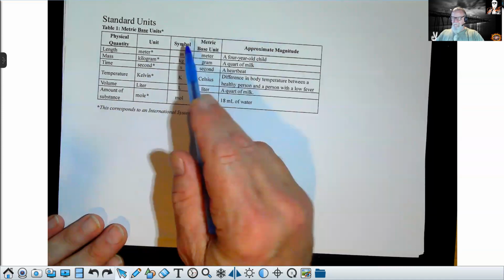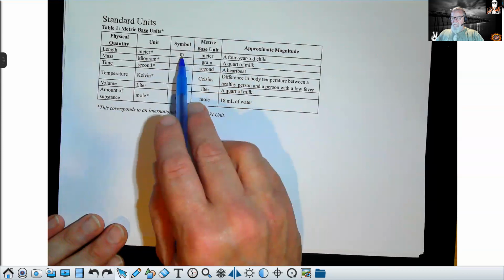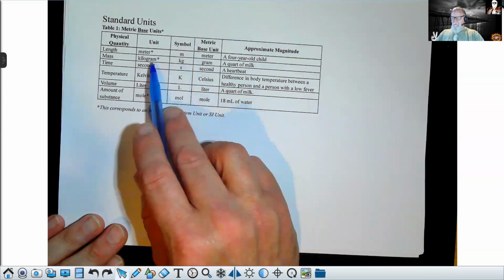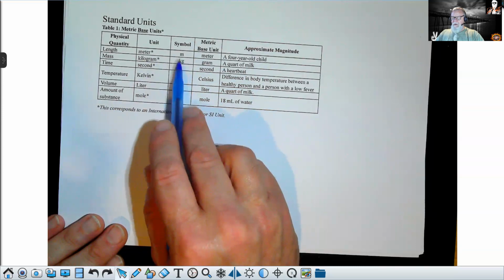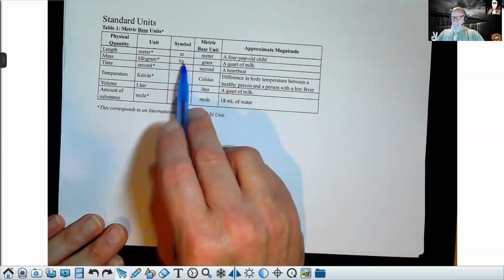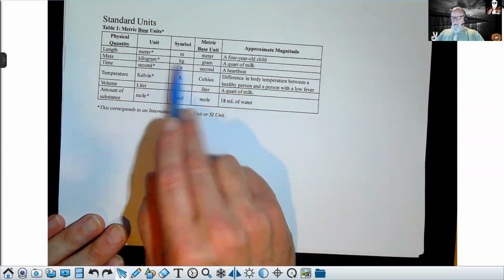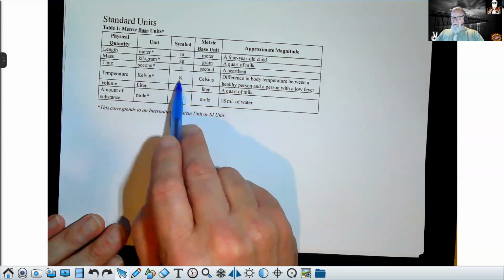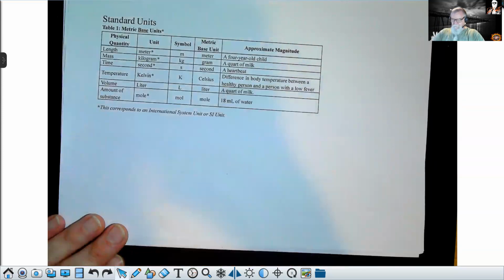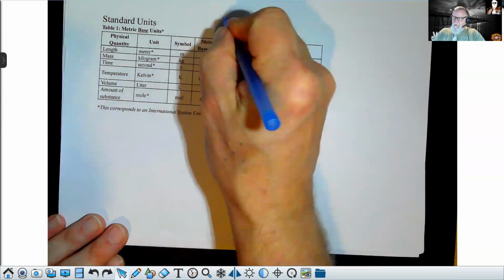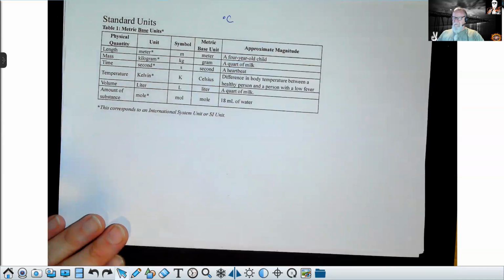Okay, moles. Now, if we need to talk about the symbol. So the symbol for the meter is an M, small m. The symbol for kilogram is kg. Kilo we'll talk about in a minute, but for gram, it's just G. Second is S. Kelvin is a capital K. Celsius is going to be, let's just do it here, degree C, right? So that's Celsius.